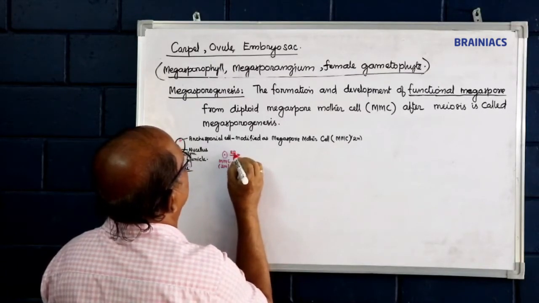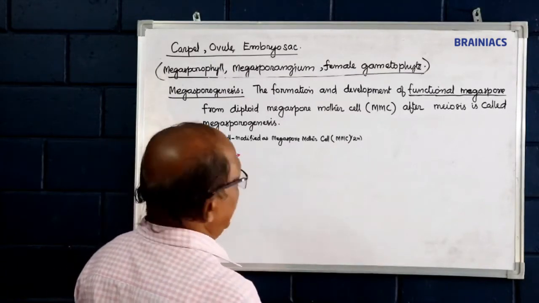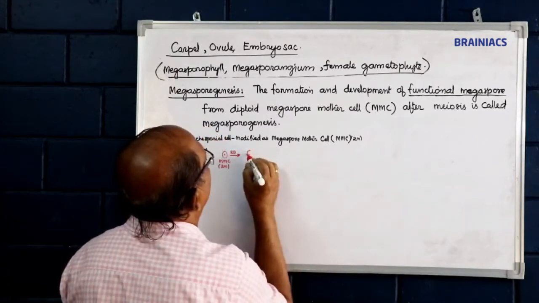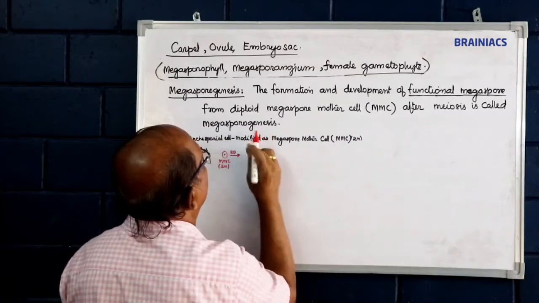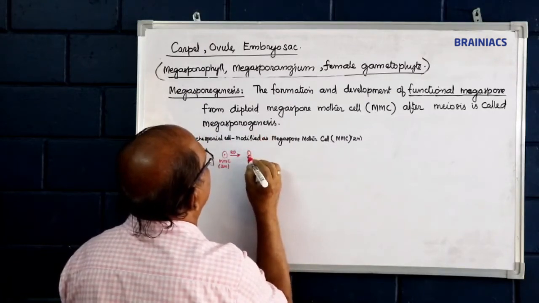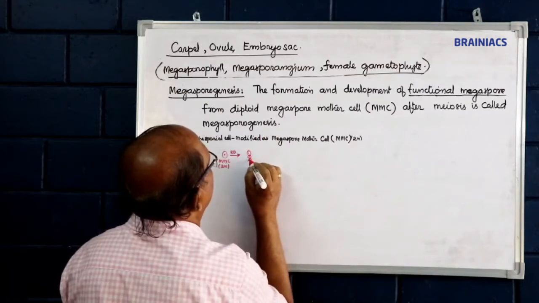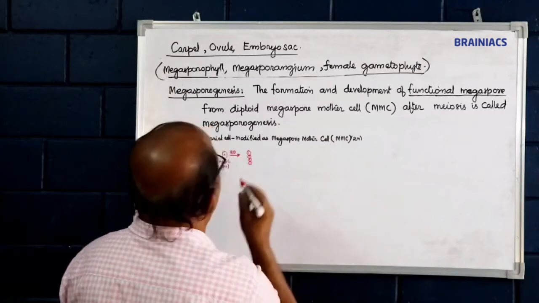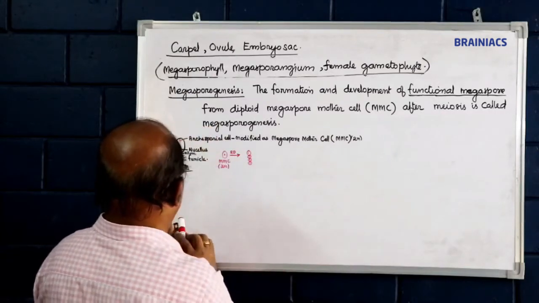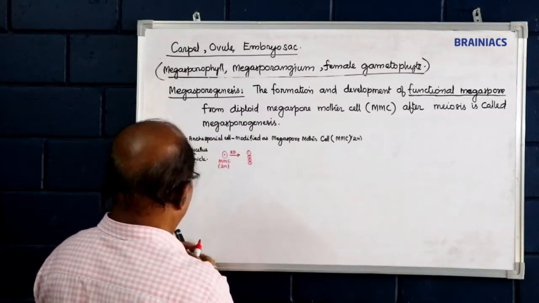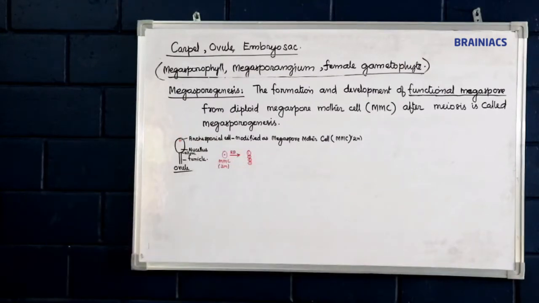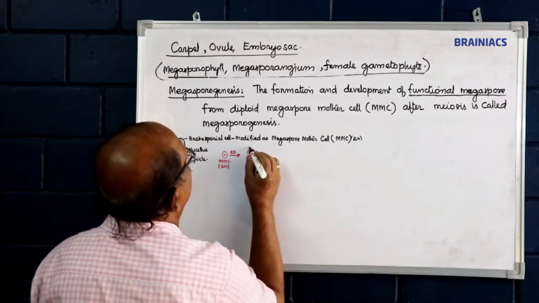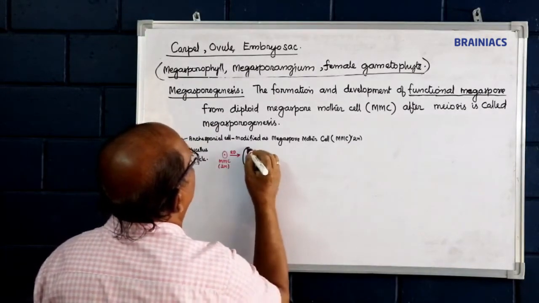Reduction division takes place, forming 1, 2, 3, 4 cells within the ovule.